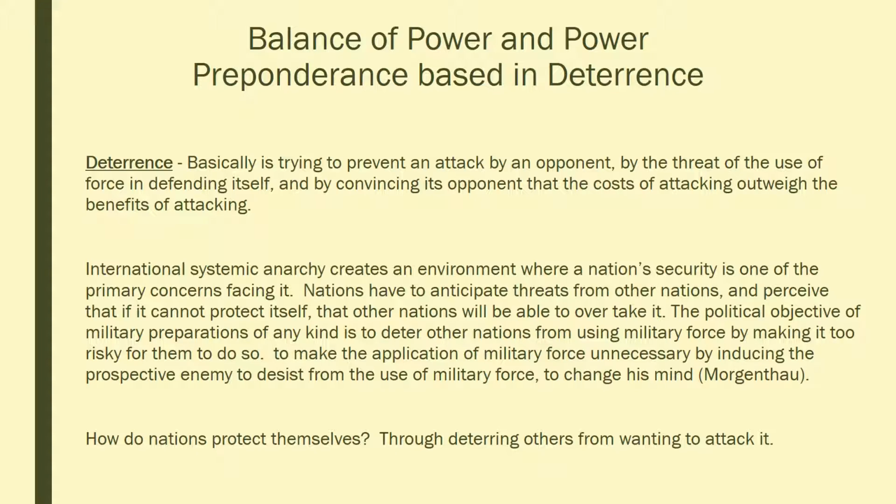You don't want to get into a war with other countries. You don't want other countries to attack you, and so you have to be militarily powerful. And so the more militarily powerful you are, the less it will be necessary to have to use your military.